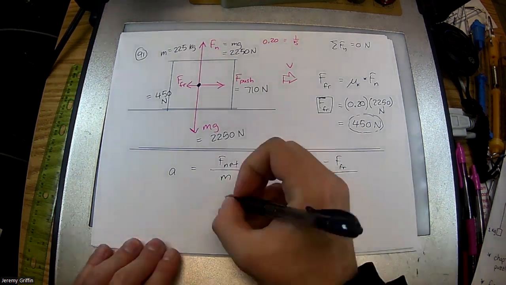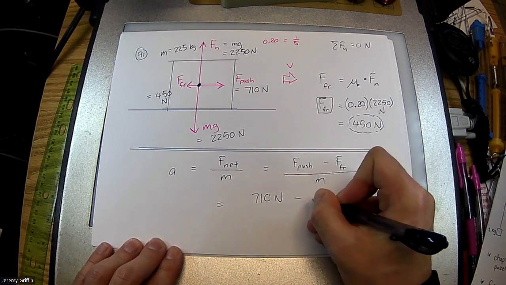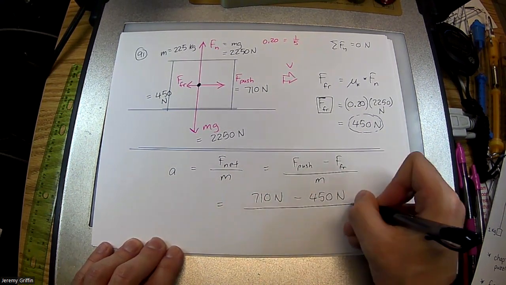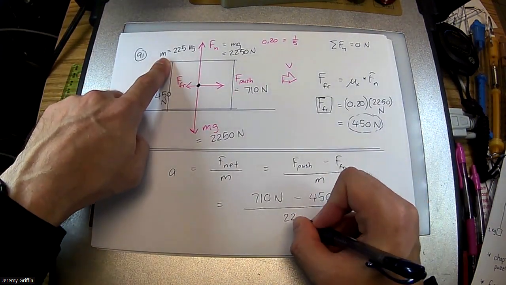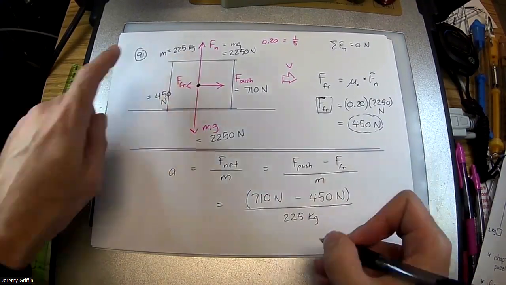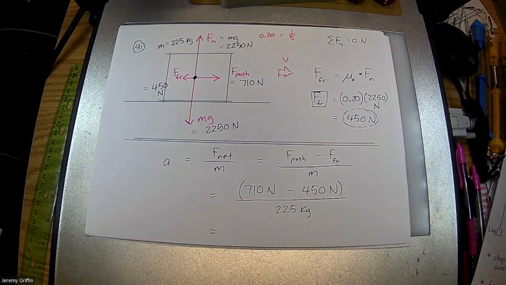So we're doing 710 newtons pushing minus 450 newtons friction resisting that, and the crate was 225 kilograms. There's the net force, there's the mass.